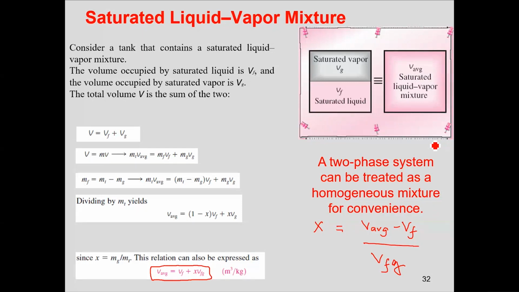We would like to see how this would appear on the diagram on an isothermal phase transformation line. How would x appear? Let's see.